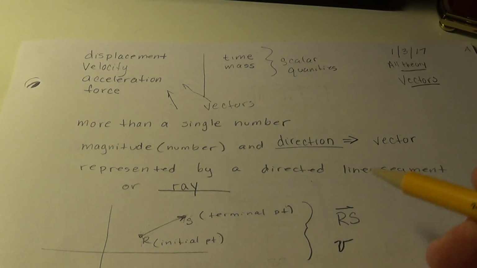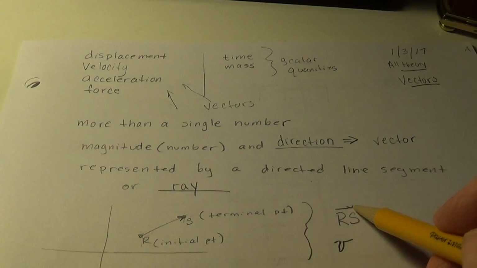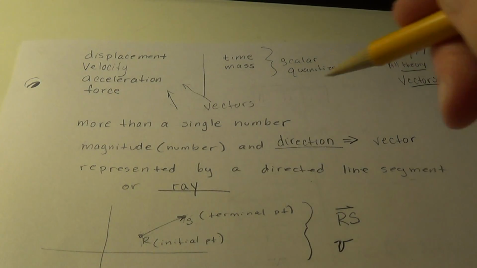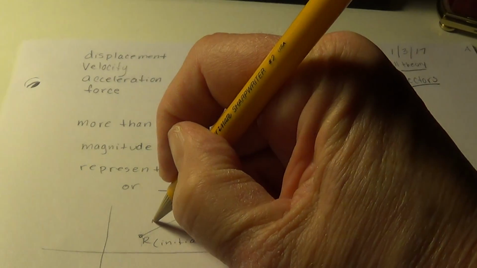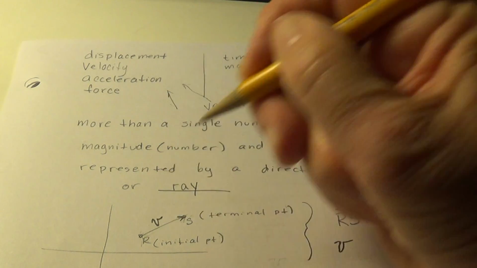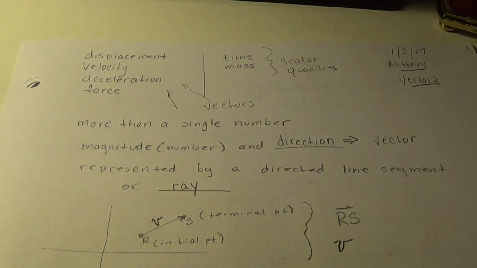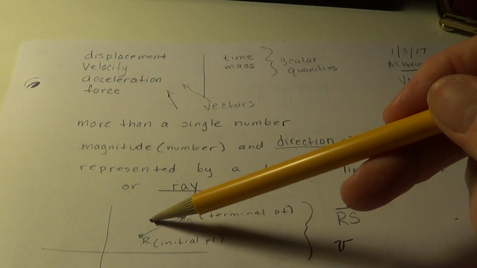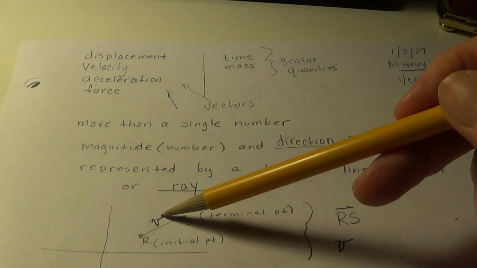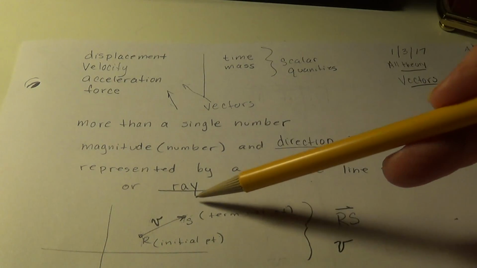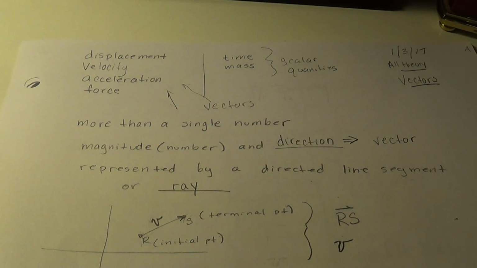I can call it RS with the vector symbol over top, or I can usually call it a lowercase emboldened v. It's hard to write emboldened, but in your textbook it is more obvious. So you'll be using both.